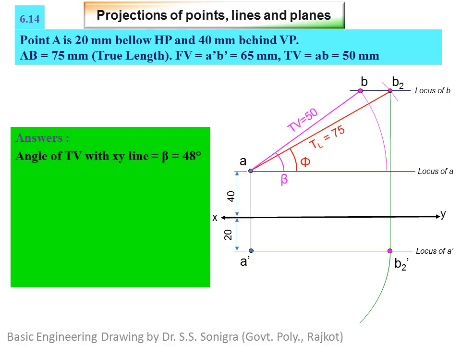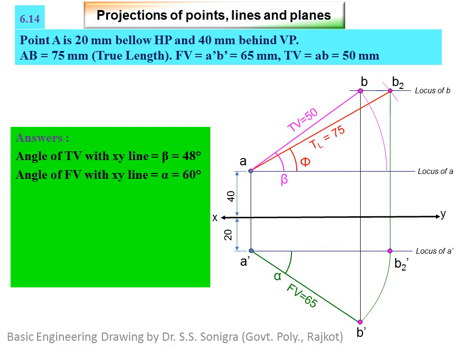So write the answer like this: angle of top view with XY line beta is equal to 48 degrees. From point B draw a straight vertical line that will cut this arc at this point. Name that point as point B dash. Join A dash with B dash, that is front view, given as 65 millimeter, and measure this angle between front view and XY line, that is called alpha, and alpha is equal to 60 degrees in this particular case.